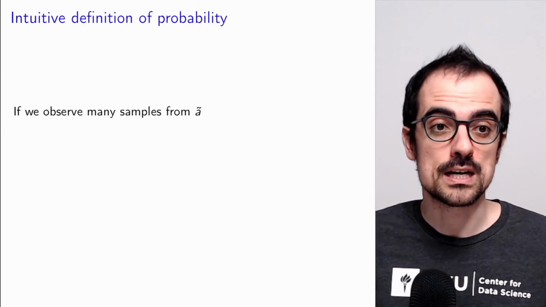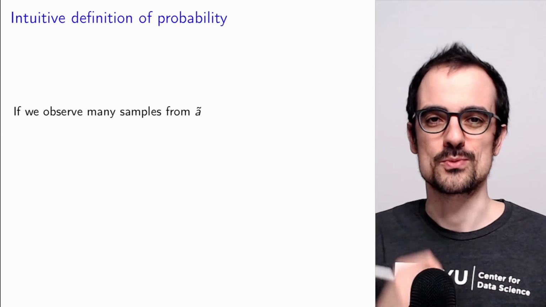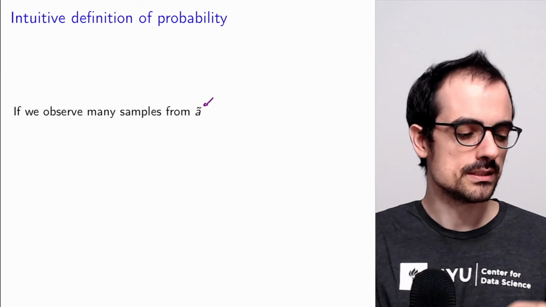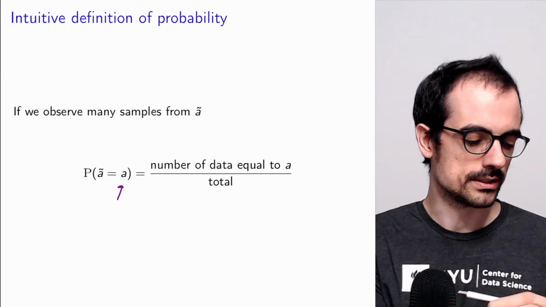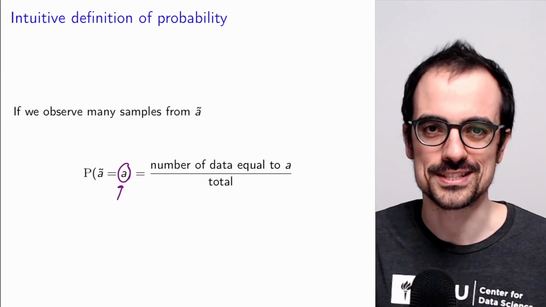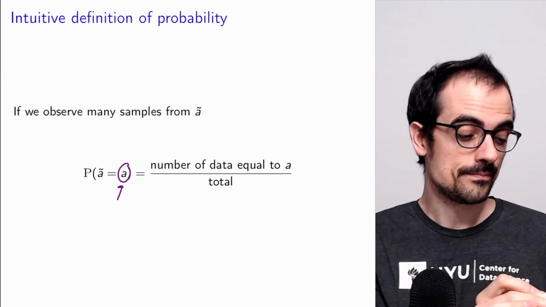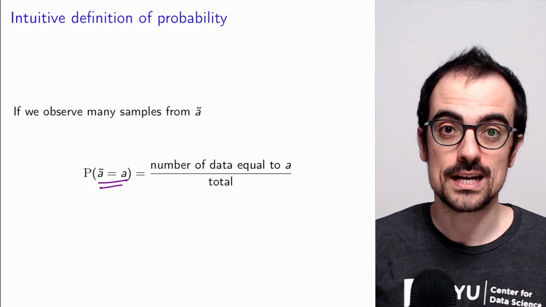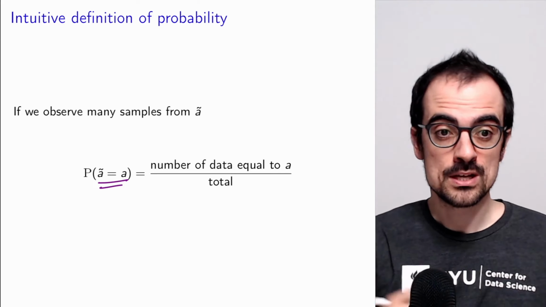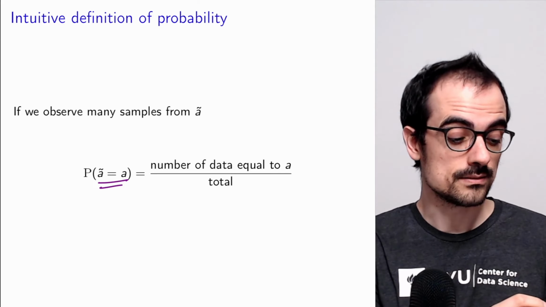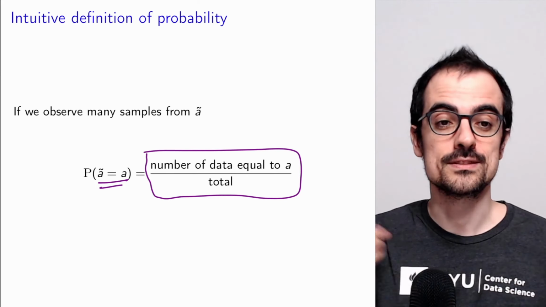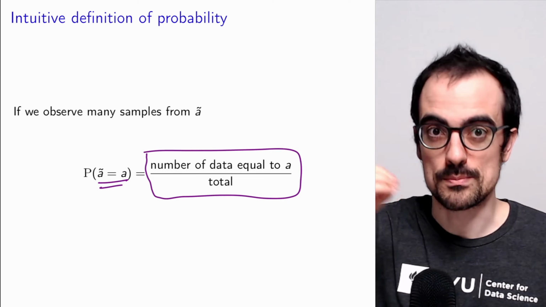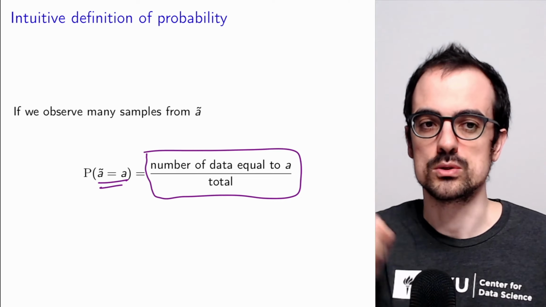If we have a certain random variable A, remember that we write random variables with this squiggly line on top, the probability that the random variable is equal to a certain constant value, here written without the squiggly line to indicate that it's just a constant value, is intuitively the fraction of times that this event occurs when we repeat the experiment many times. Basically, that corresponds to the fraction of samples or data where the quantity represented by the random variable is equal to that value.